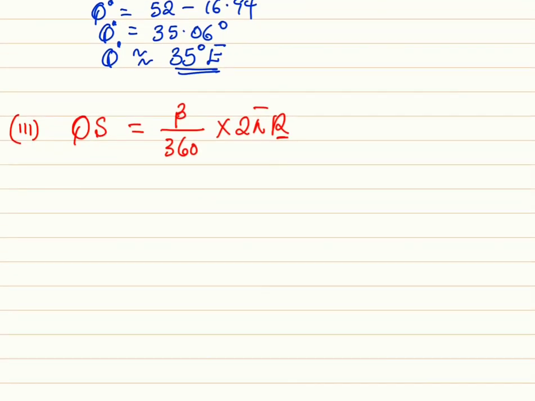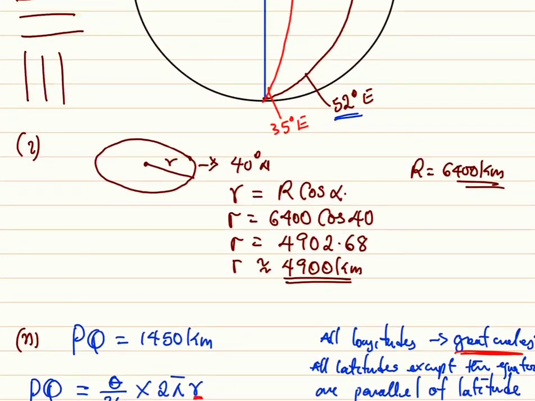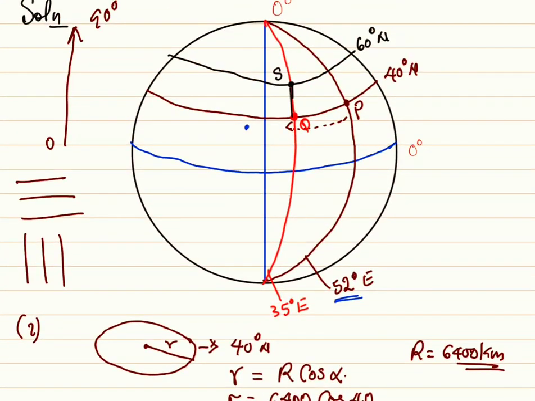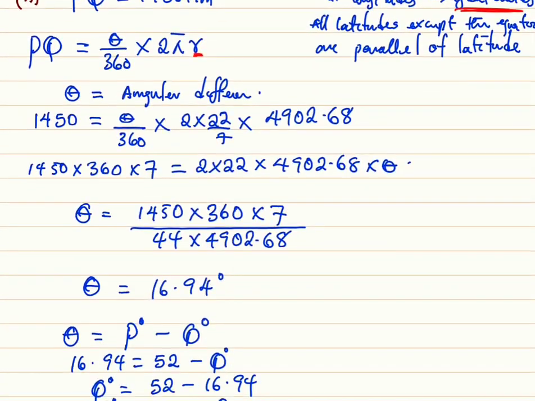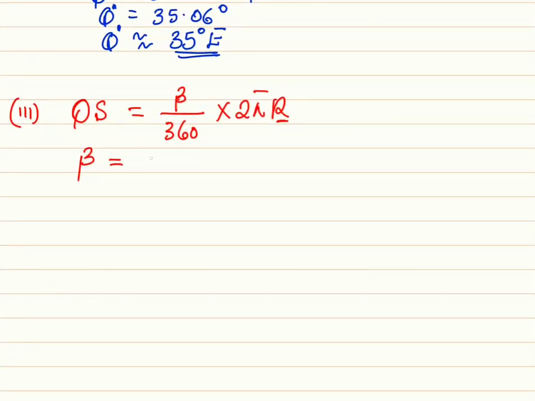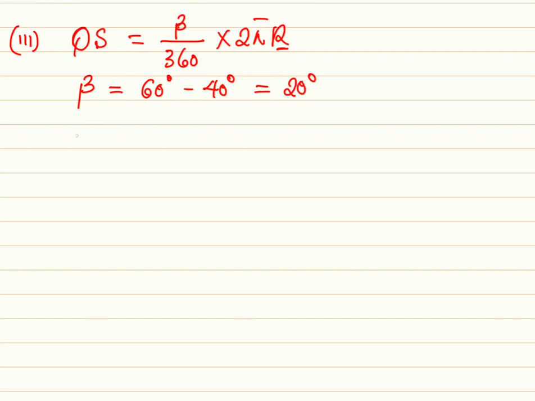Now QS is this. Now we need to find our beta, which is the angular difference. If you check the two of them, one is 40 degrees north, the other is 60 degrees north. So they are in the same direction. Therefore, the rule is that when they are in the same direction, we subtract. So the angular difference is 20 degrees. Then QS is going to be 20 over 360 times 2 times 22 by 7, then times R, which is 6,400.